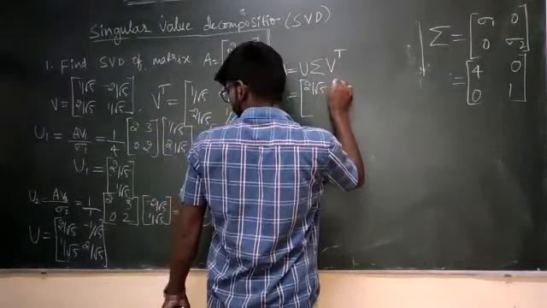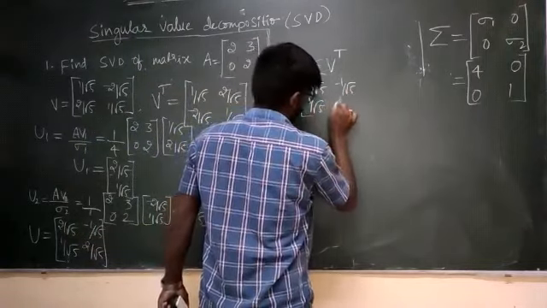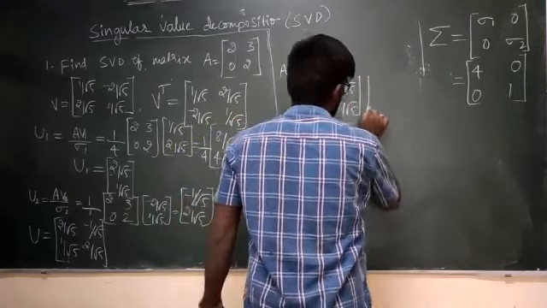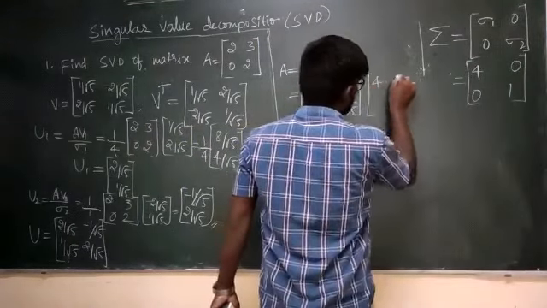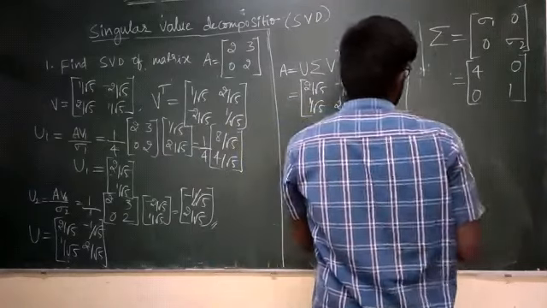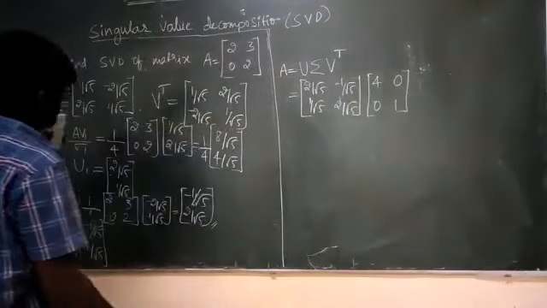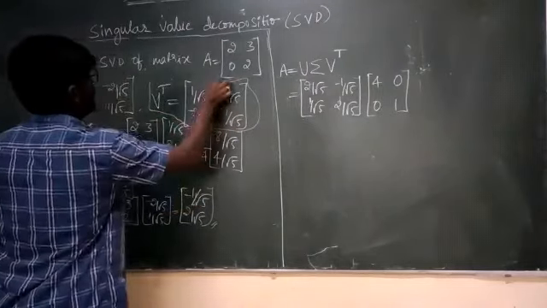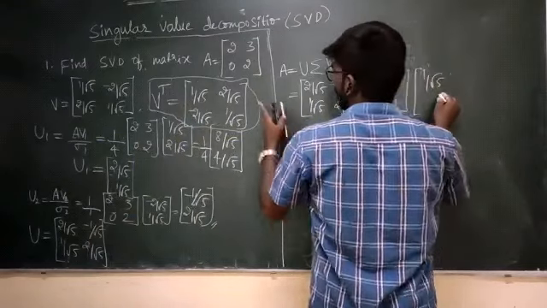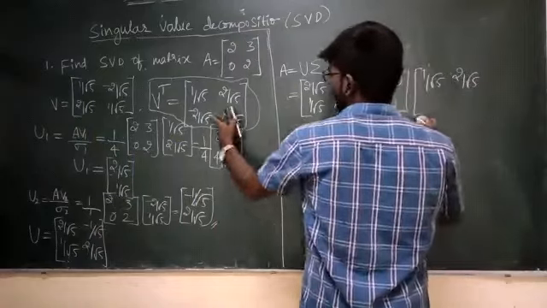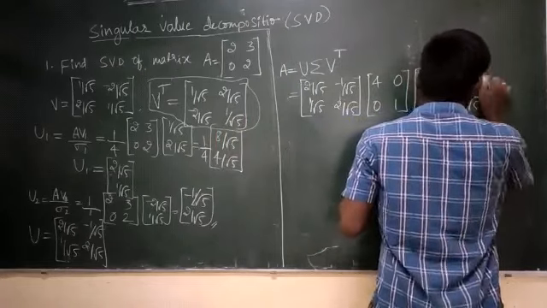The sigma matrix is 4, 0, 0, 1. And V transpose is 1 by root 5, 2 by root 5, minus 2 by root 5, and 1 by root 5. This is the V transpose matrix.